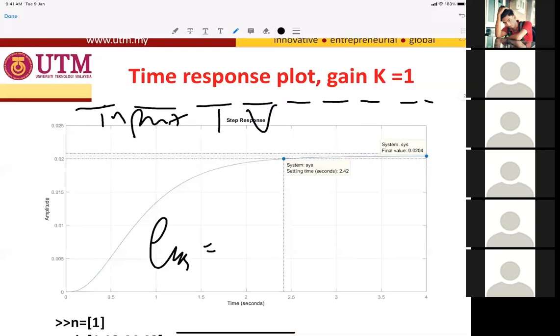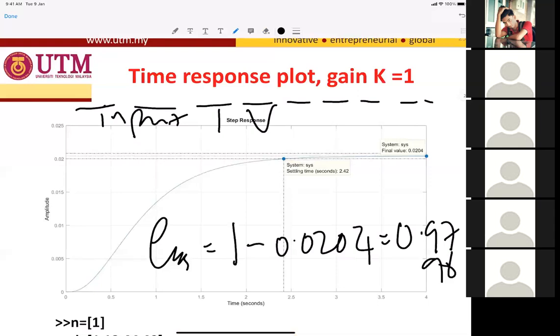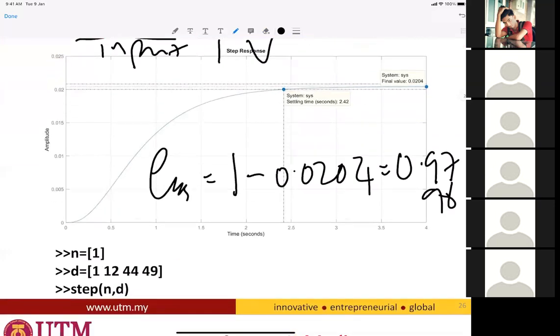You get 0.9796, that is 1 minus the final value. Okay. So this is the response, right?